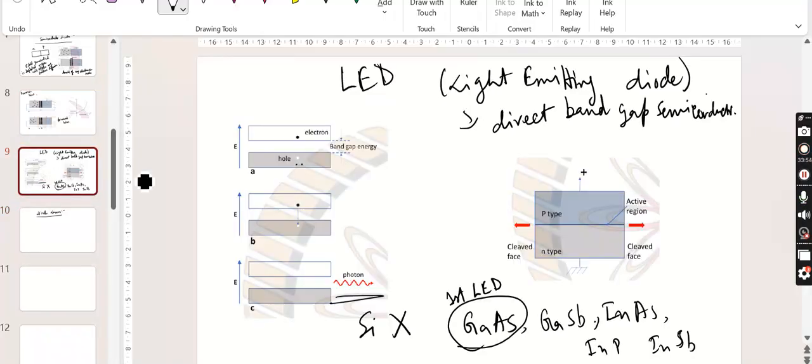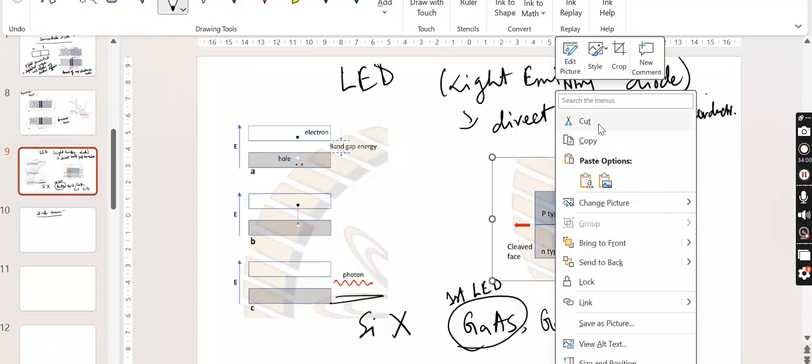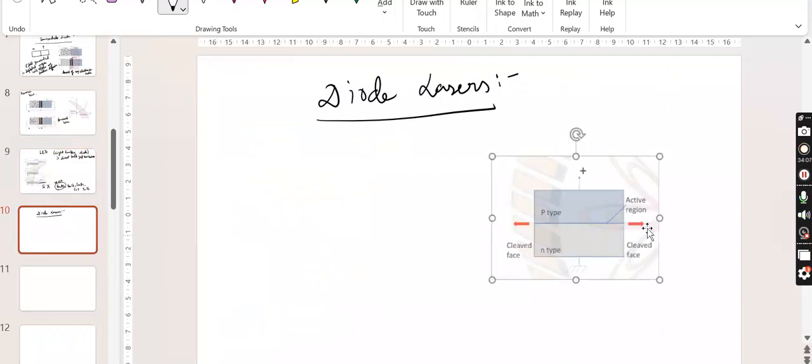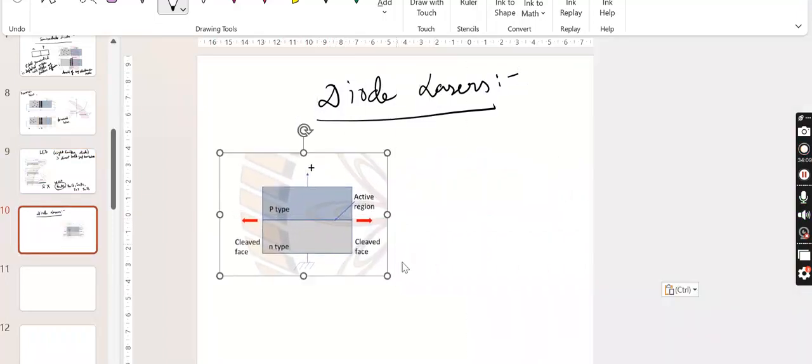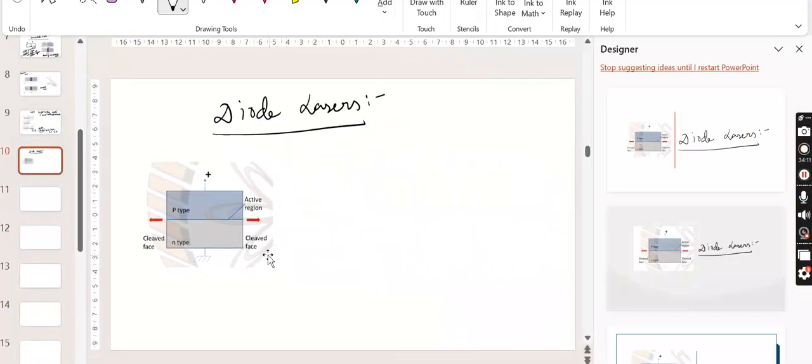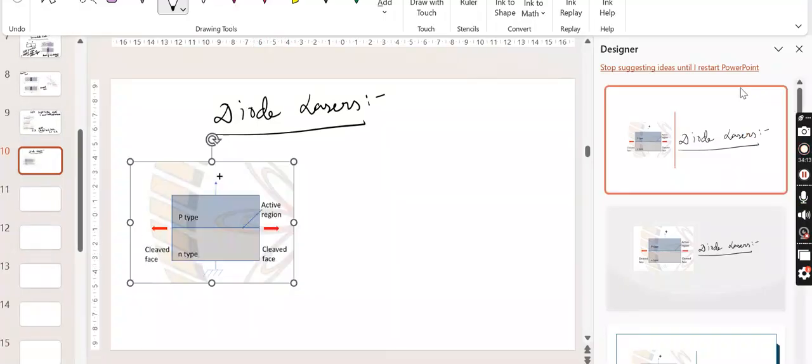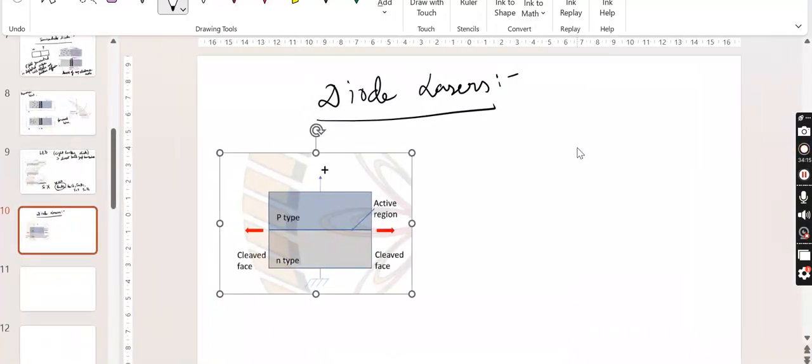So basically a light emitting diode can be turned into a laser when the forward biased current exceeds the lasing threshold value.